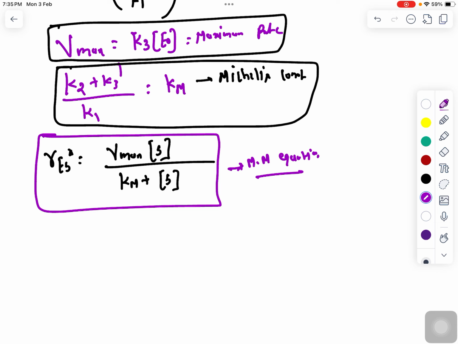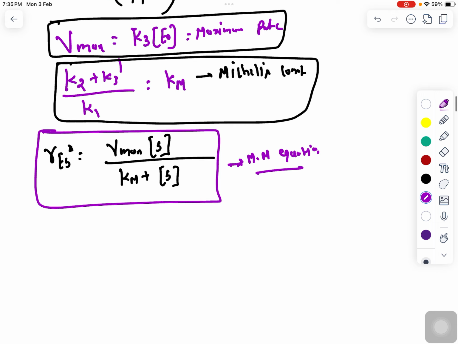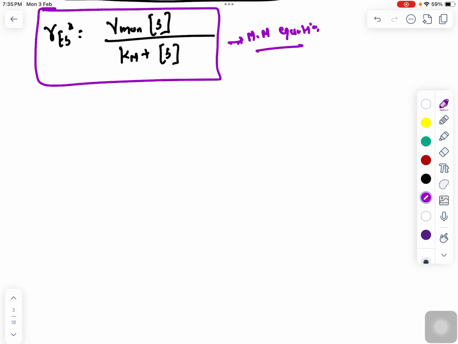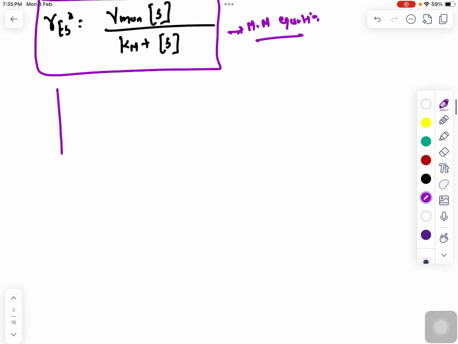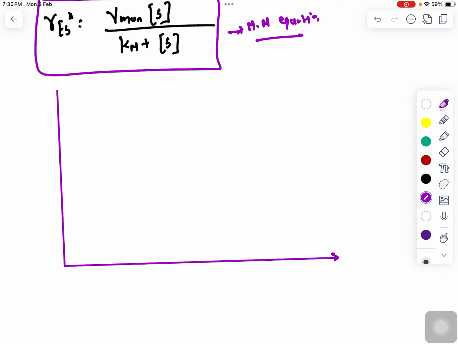Now if I'm talking about this curve, it looks like a sigmoidal curve, right? So if I want to plot this curve as rate versus substrate concentration, let's say R ES star versus substrate concentration, you will see it will start something like that and it will follow something like that.